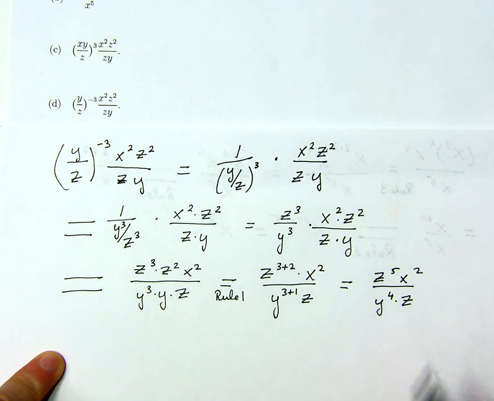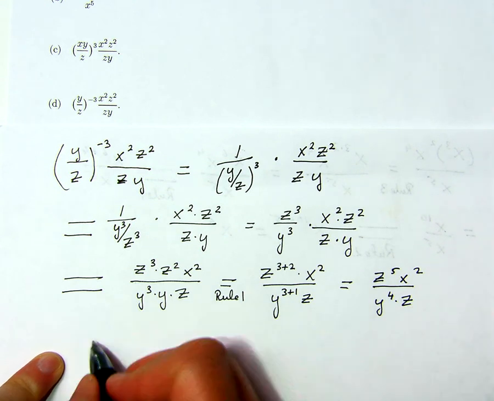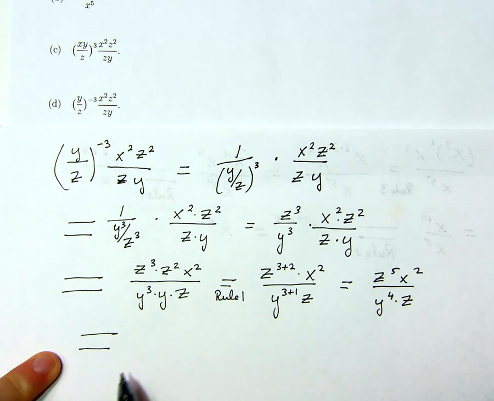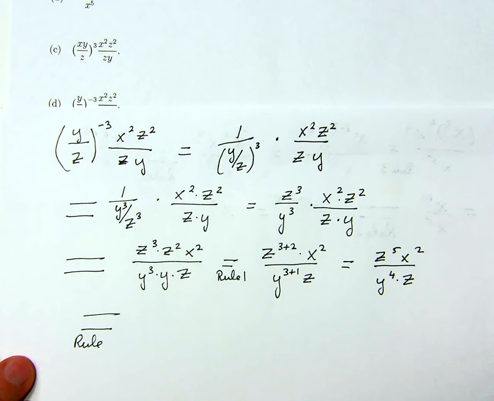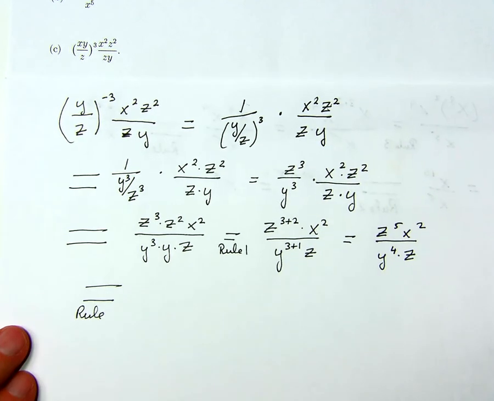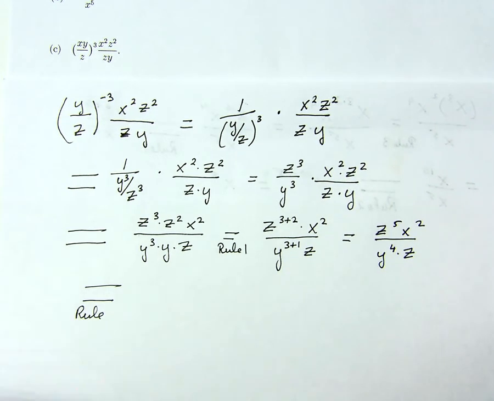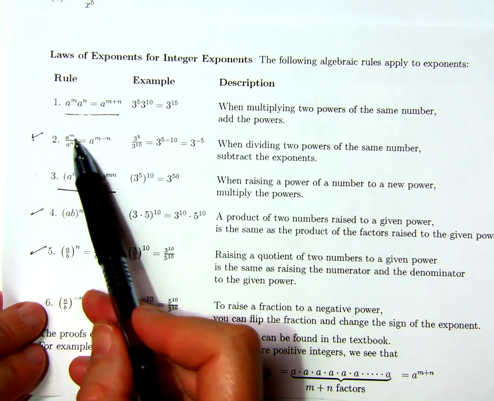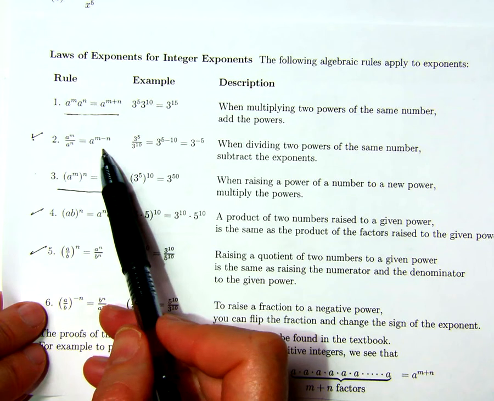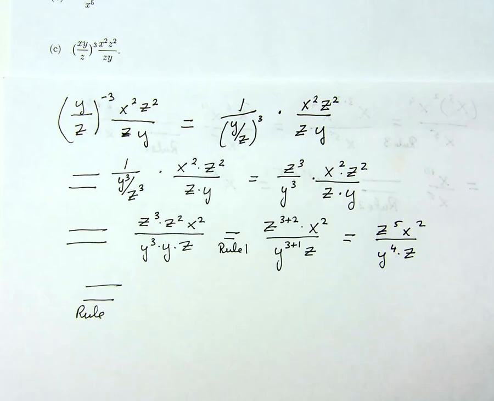Now this z will cancel with one of those, or if you like to say which rule you're using, you can say according to rule number 2 here, a to the m over a to the n is equal to a to the m minus n.